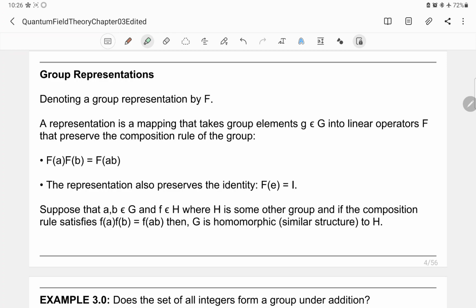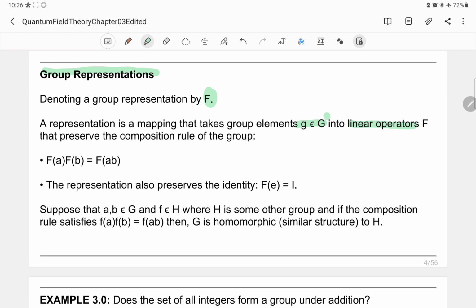Now we will go to group representations. If we denote a group representation by F, this means that you have a different set of elements in this group. For example, you have a representation mapping that takes group elements G, an element of G, into linear operators F that preserve the composition rule of the group.